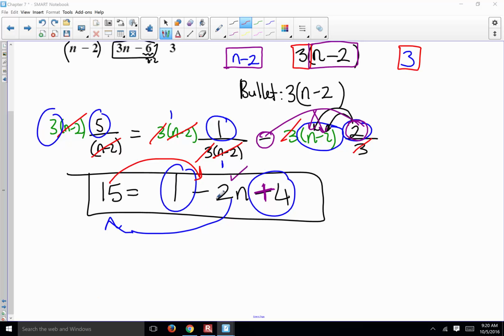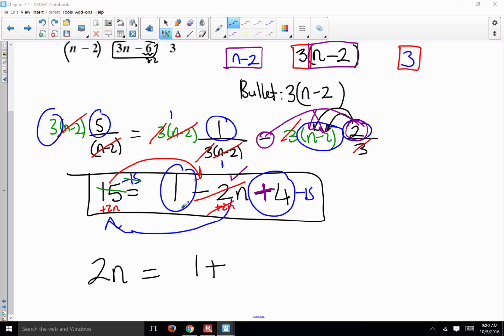So shortly, minus 2n must be added to both sides. So this can clear from that side and pop up on the left side, 2n. And then I subtract minus 15 so that these can cancel and minus 15 shows up on the right.